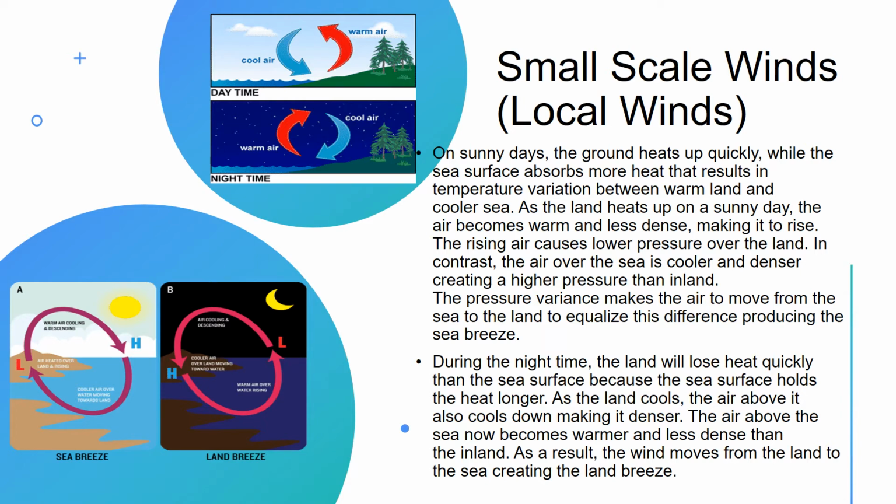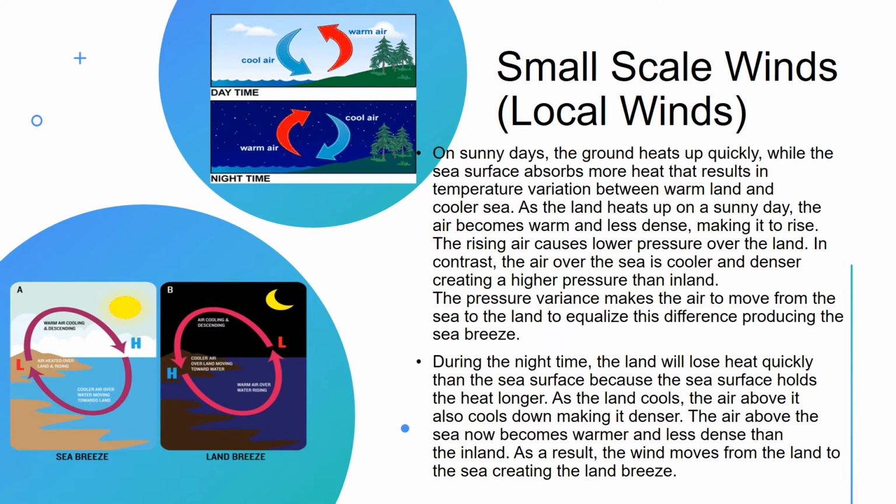So, dito tayo sa illustration sa left side. So, itong may A and B. So, for example, ng sea breeze, low pressure or warm air cooling and descending. So, air heated over the land and passing.